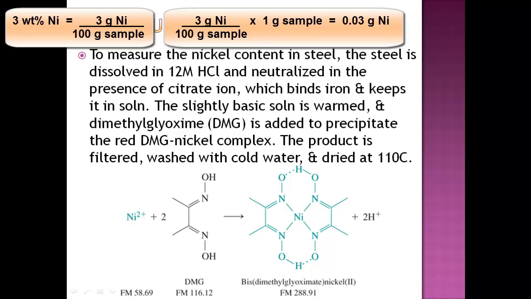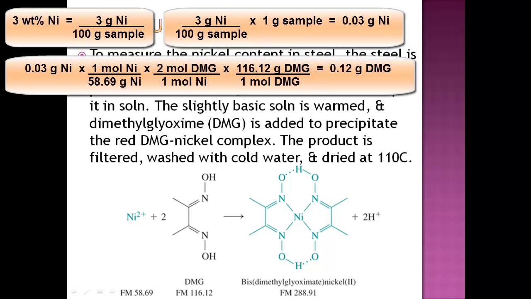We're going to convert grams of nickel to moles of nickel, because remember, we always go to moles. And you see here that for 1 mole of nickel, there are 2 moles of DMG. So convert that to grams of DMG, because that's really what they want to know eventually. They want to know how much volume of this DMG I need to add to this solution to get to the answer.